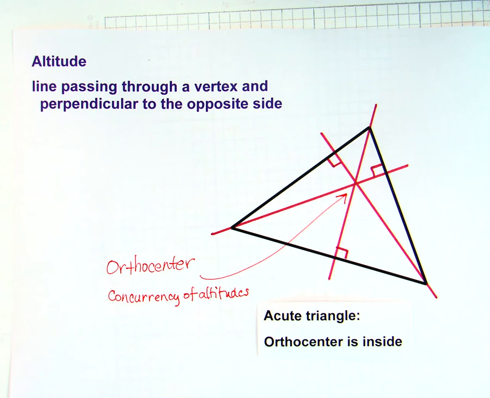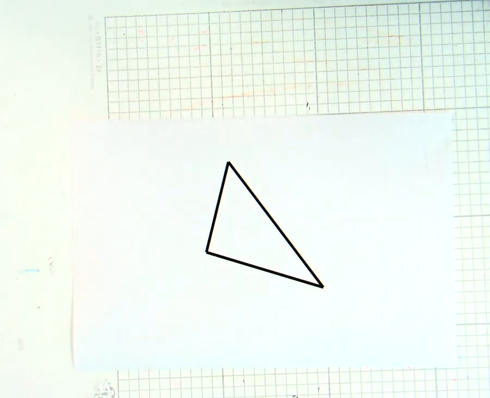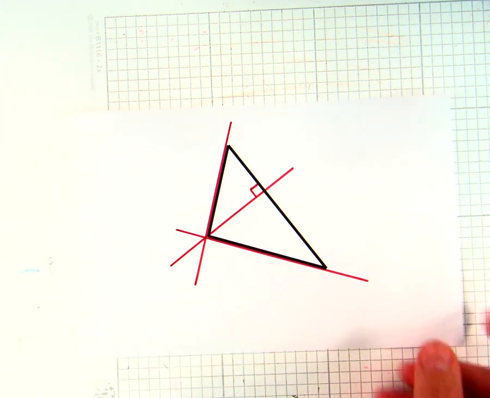There in your cipher, draw yourself a small right triangle and draw in all three of the altitudes. When you do, you're going to have a difficulty. It's going to look kind of weird.